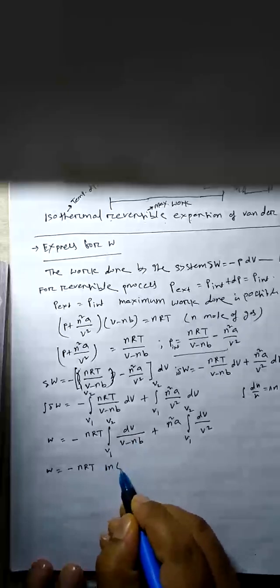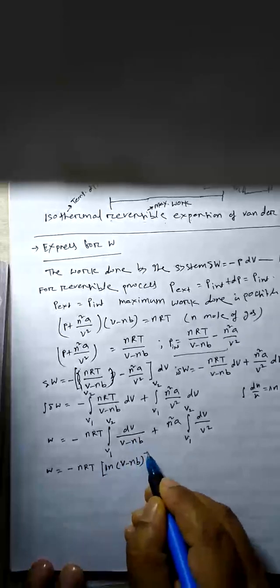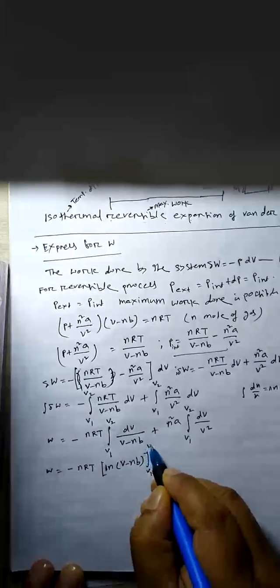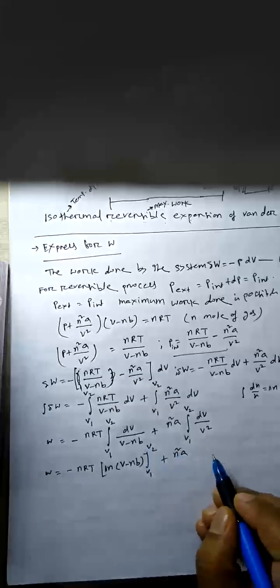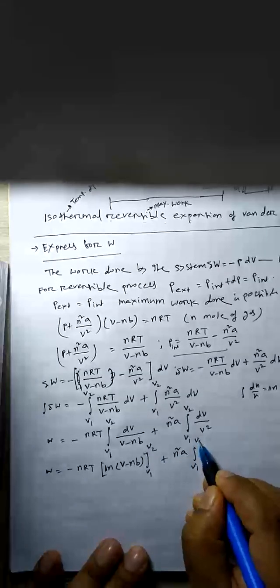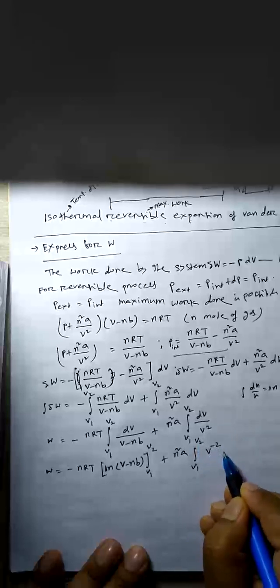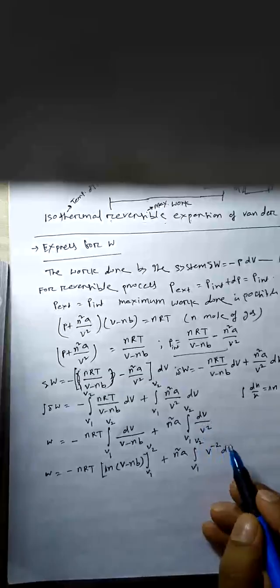So W is equal to minus nRT, ln of V minus nB whole bracket V1 to V2, plus n square A. Here I can also write like this, V1 to V2 V to the power minus 2 dV. When you go to the up, it becomes minus.